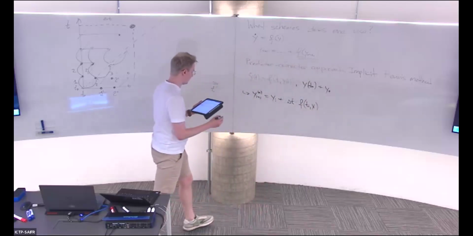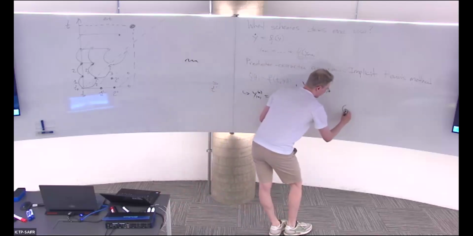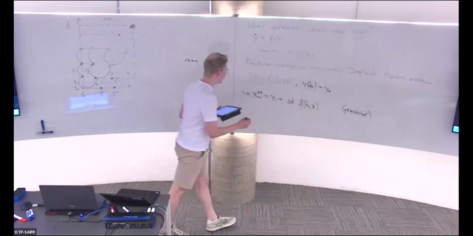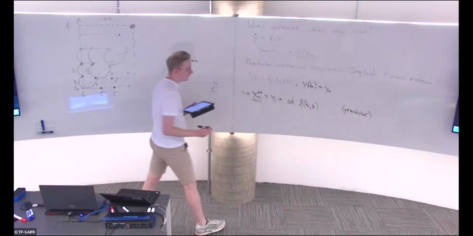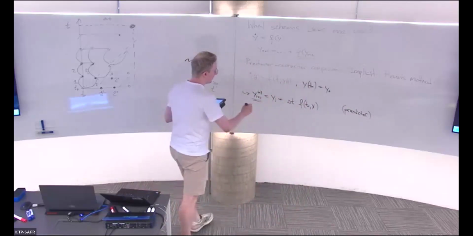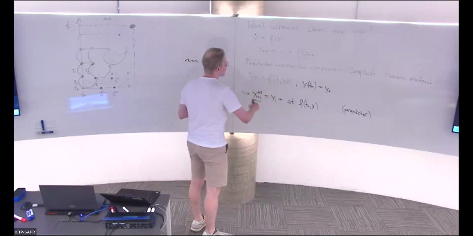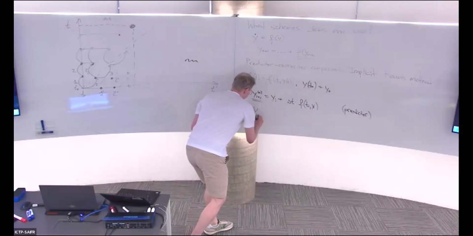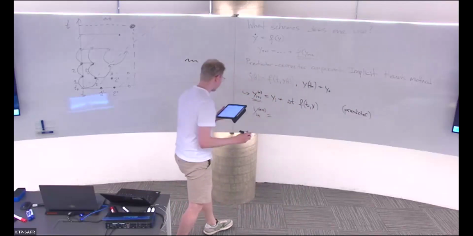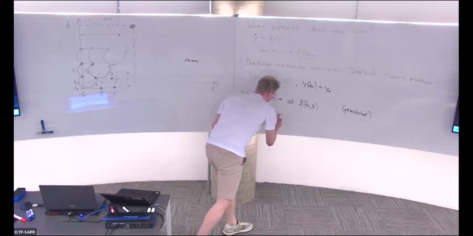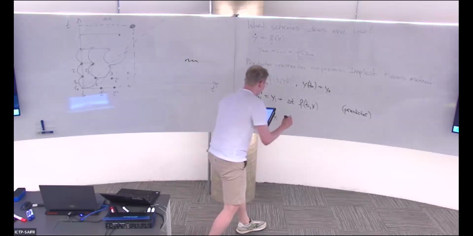So this is what is known as the predictor. And then we use this predicted value to again solve, to correct your guess. And then you can do this many times, right? And then you correct yourself using the trapezoidal rule.